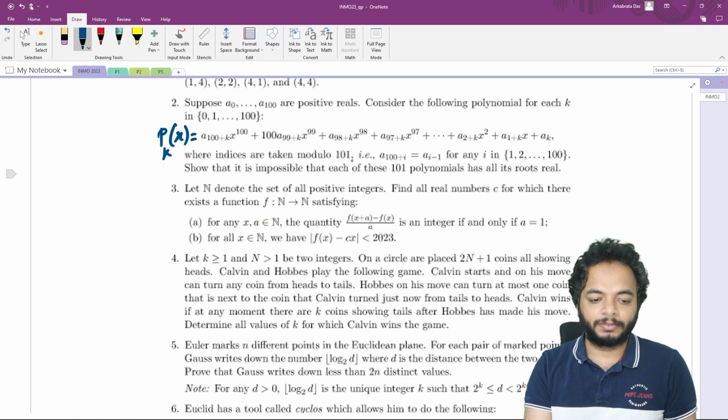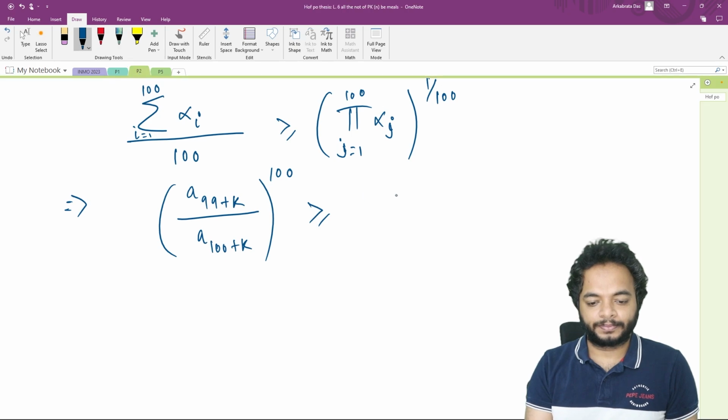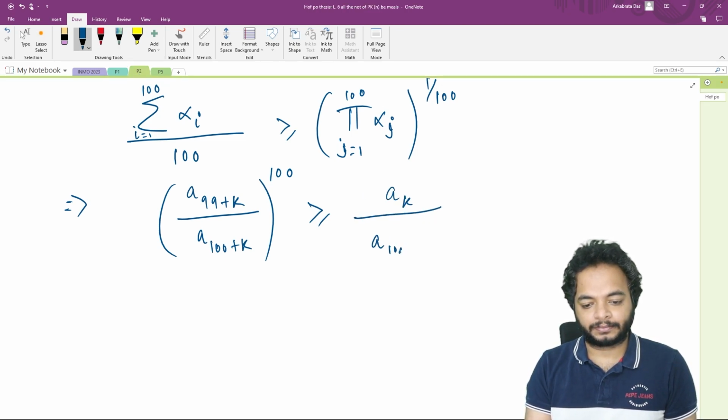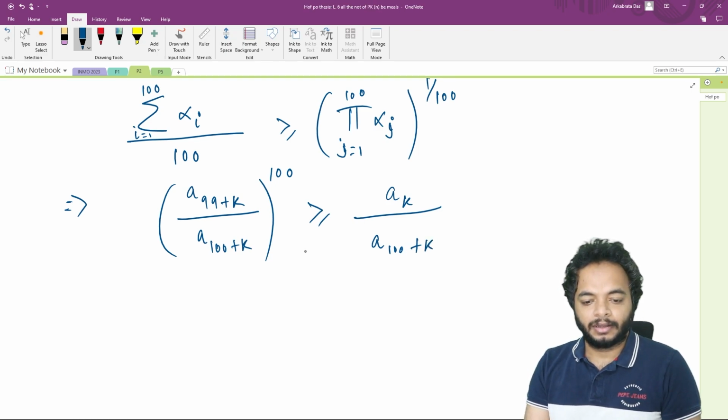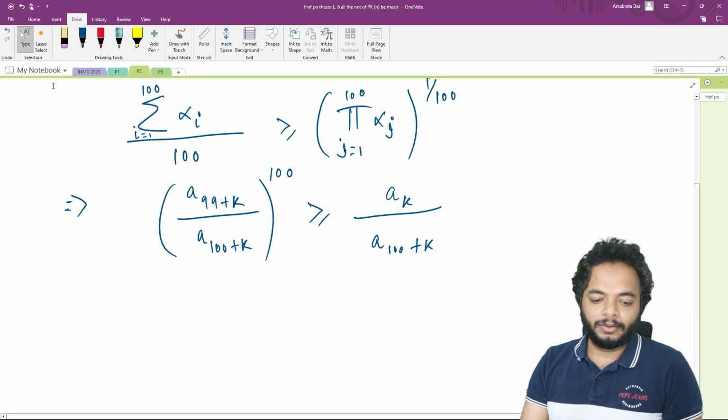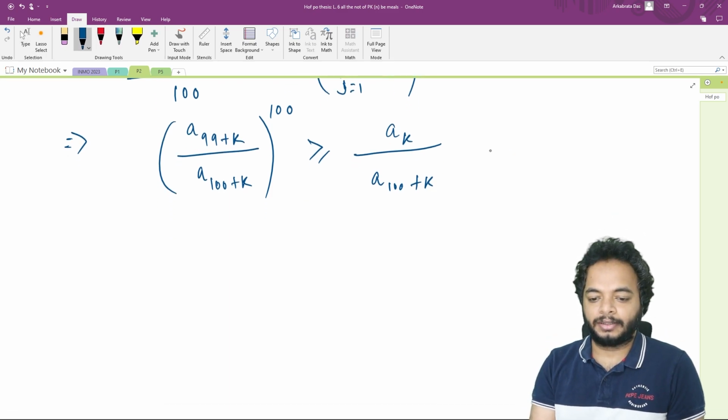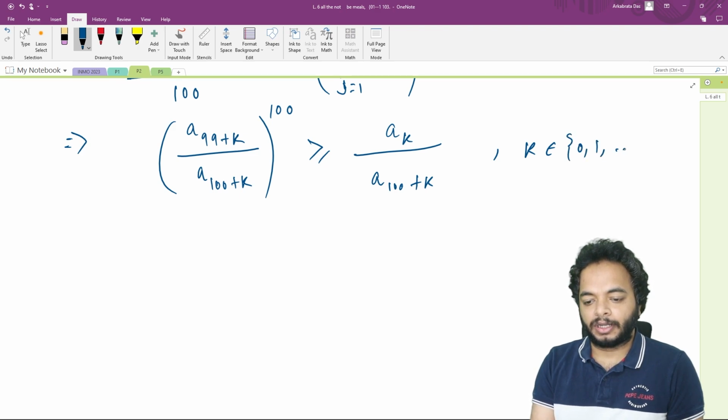So the product would be here ak divided by a100 plus k. Now k belongs to 0, 1 till 100.